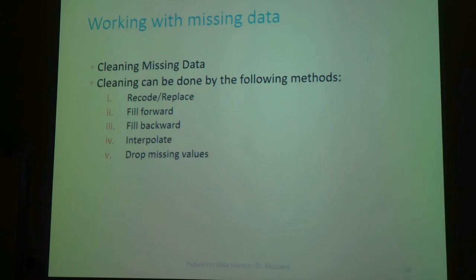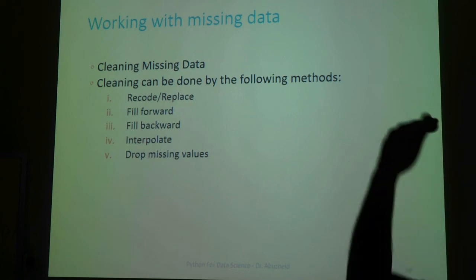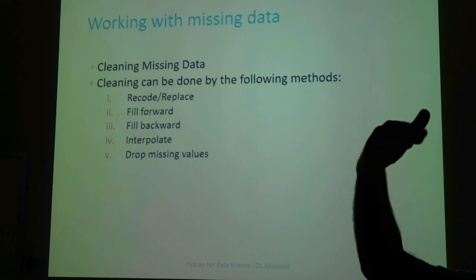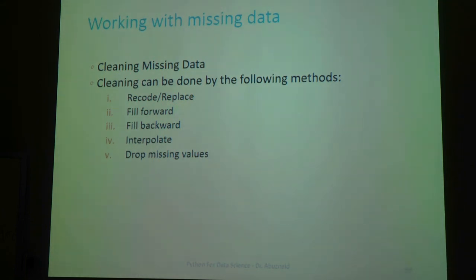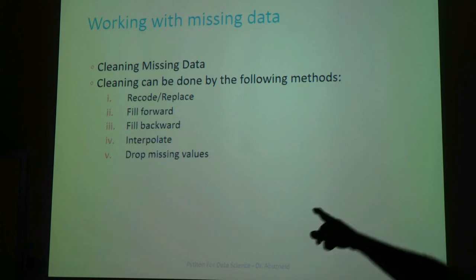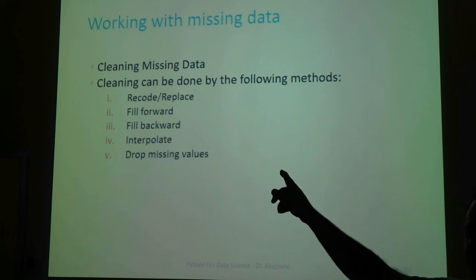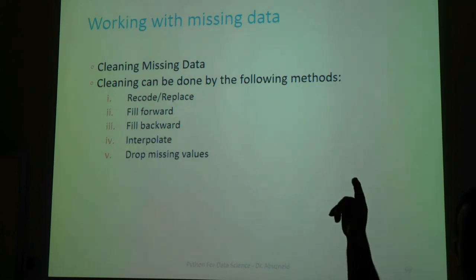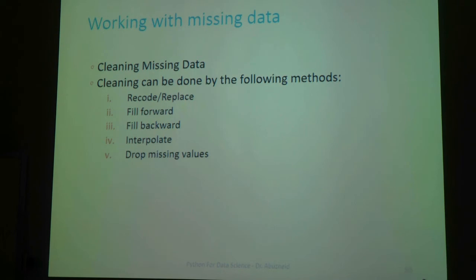Number 2 is fill forward. Any missing data, look at the number before it and give it to it. Let's say the number before is 5 and the next one is 10 and it's missing. Which number do I give it? 5. Fill forward. The other way is fill backward: look at the next one, what is the value, and give it the same value.